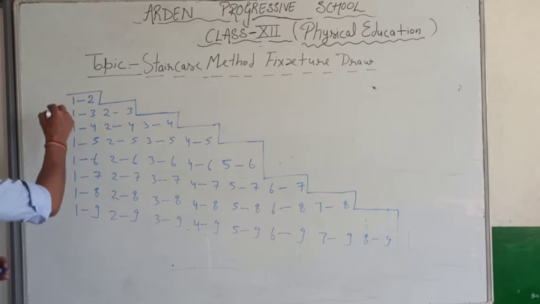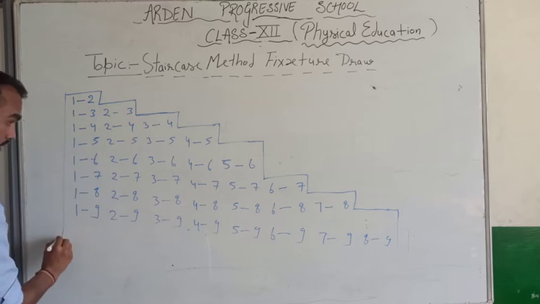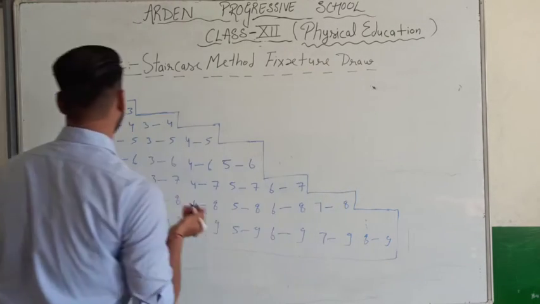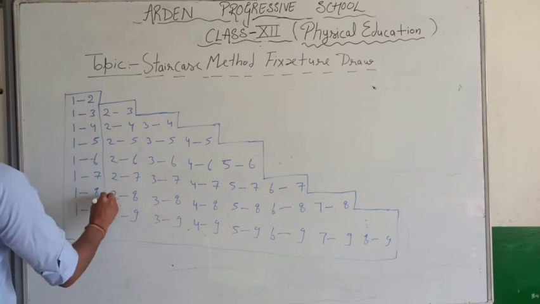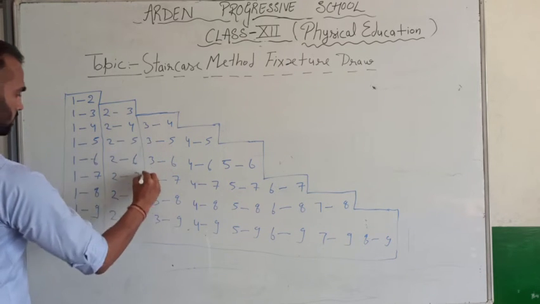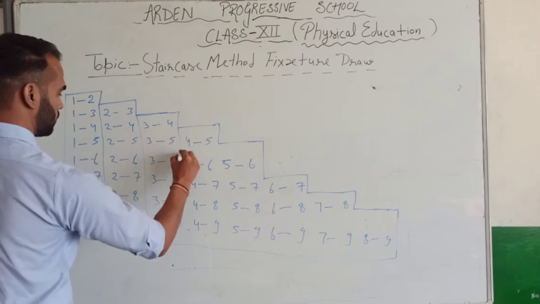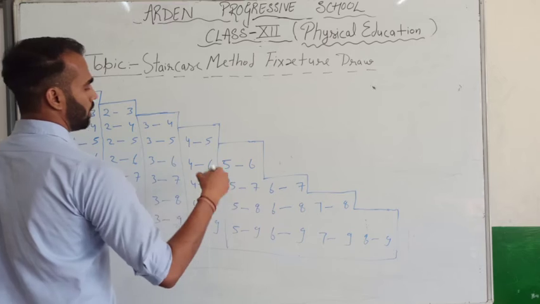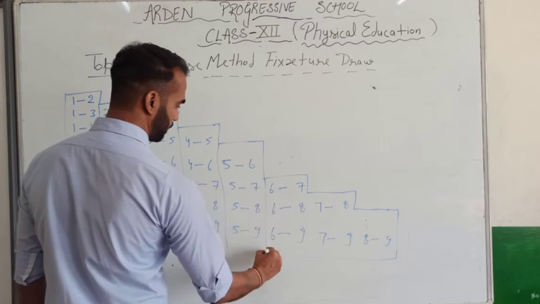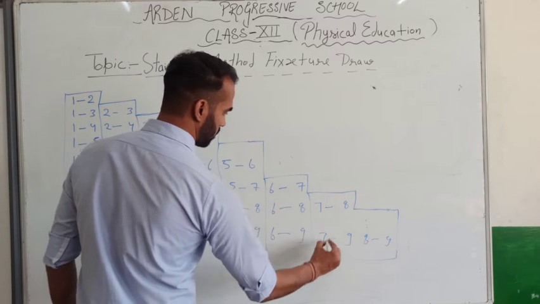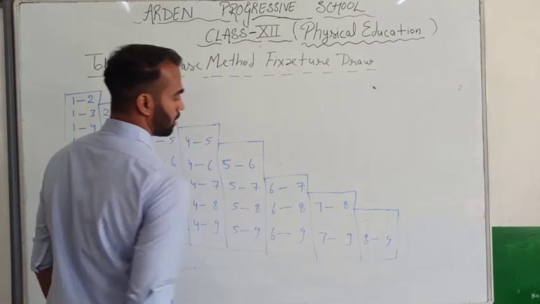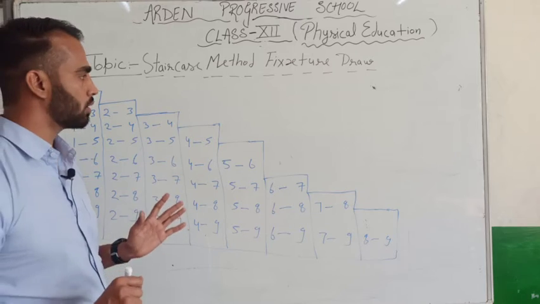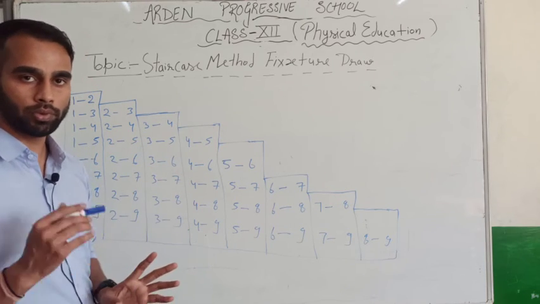If you want to draw like this, you can. Also, if you want to divide it and show it, then you will show it like this in your exam, or in any other way. So basically this is the staircase method to draw a fixture.